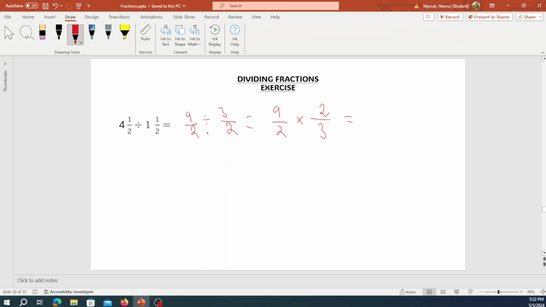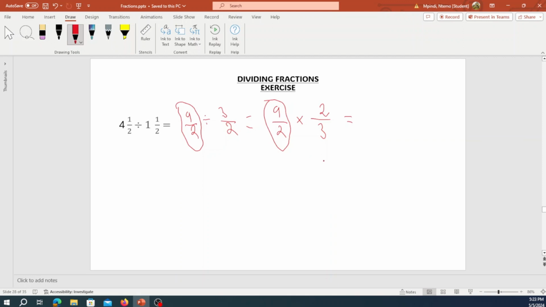Now, when we have this division, this part is done. You see this sign here, this part, I'm not changing it. It's still the same. The only thing that changes is division changes to multiplication. Okay, and then this 3 is going to the bottom, the 2 going to the top.